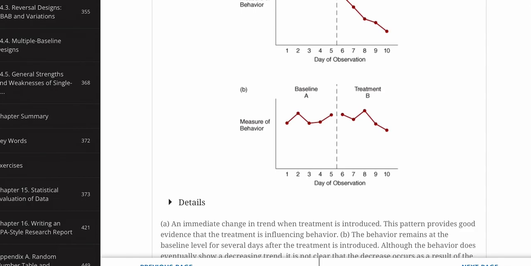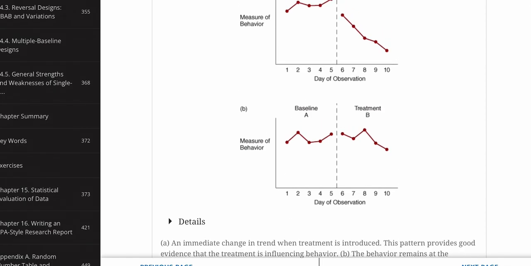So in graph A, the top graph, that immediate change on day 6 is a good indication that there is a meaningful thing happening. In graph B, it is occurring later. The change is not occurring immediately. It's not on day 6 or 7 or 8. It's day 9 and 10 that it starts to go down.